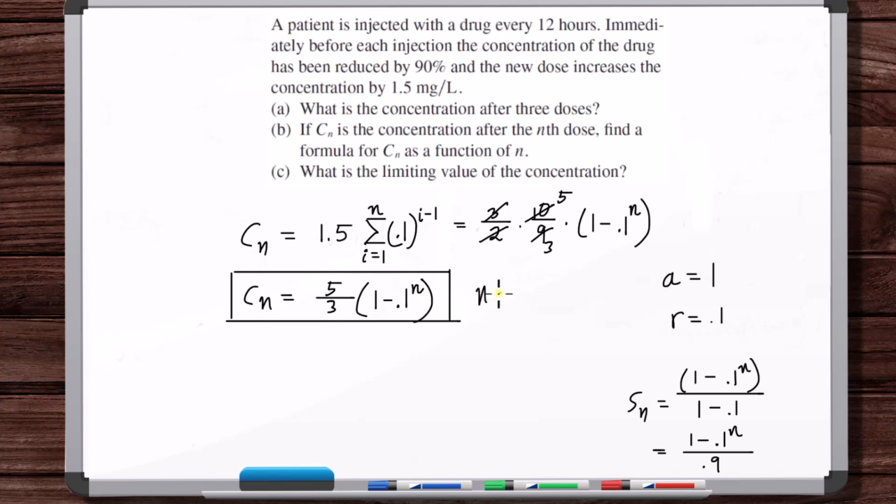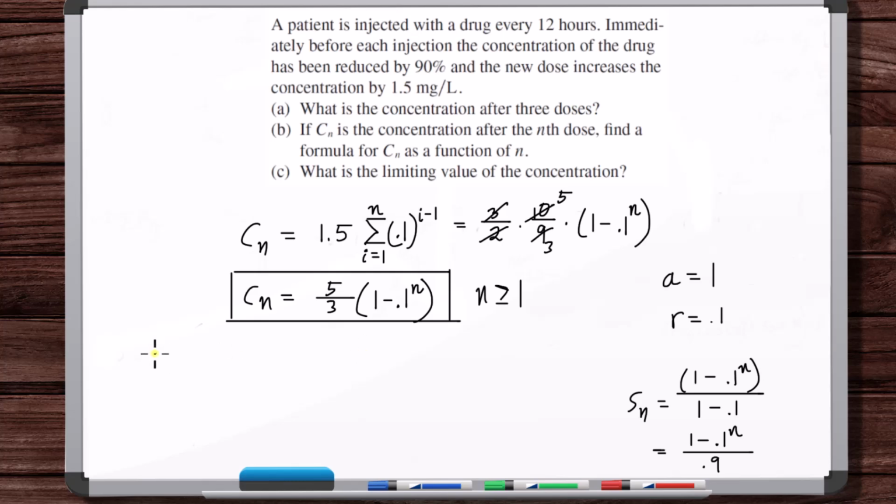This is for n greater than or equal to 1. So let's see, if we plug in 1, we've got 1 minus 1 over 10. That's 9/10 times you get 3/2. There you go. After the first dose, it's 1.5. So you plug in any value greater than or equal to 1, and you get the concentration after the nth dose.